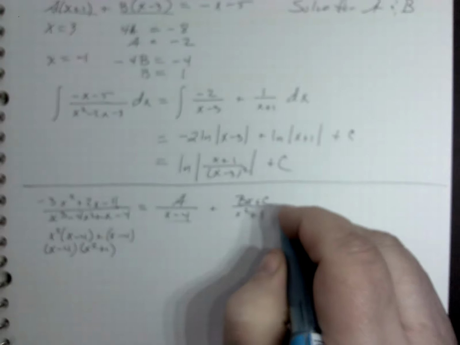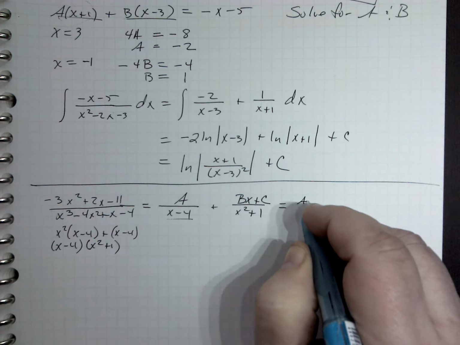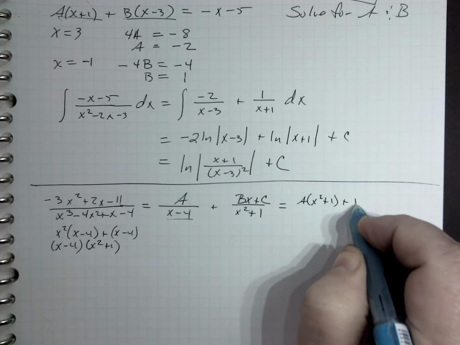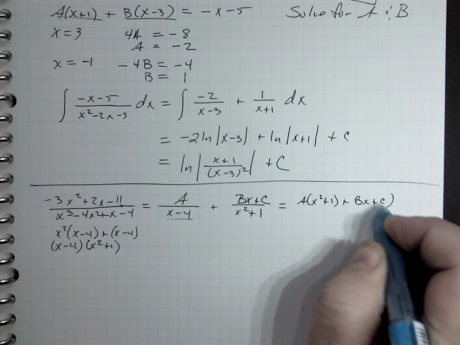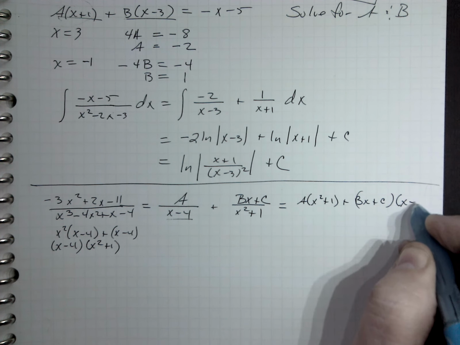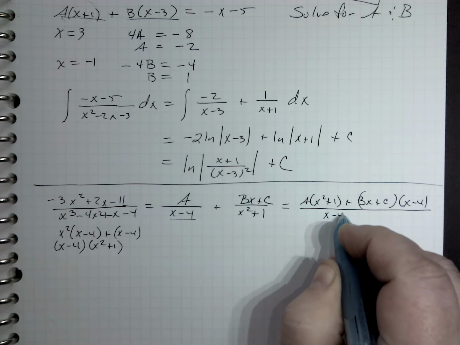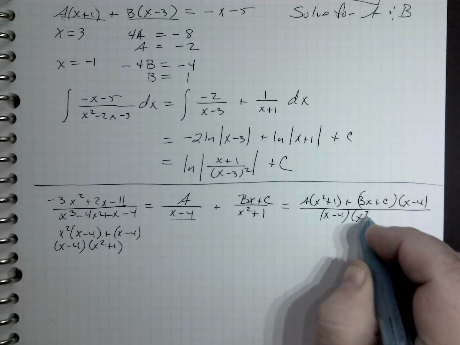So bringing these together, I'll have a times x squared plus 1 plus bx plus c times x minus 4 all over x minus 4 times x squared plus 1.